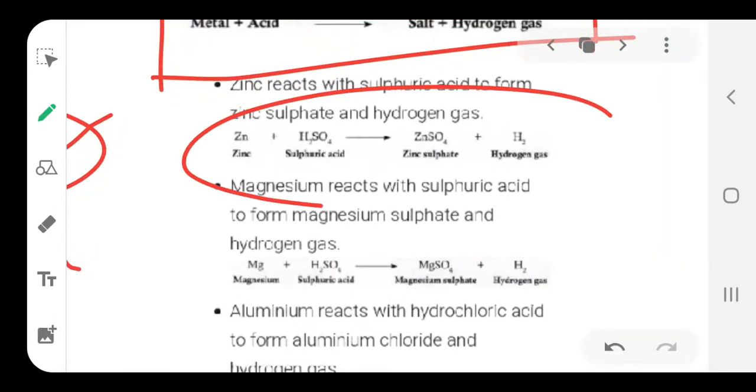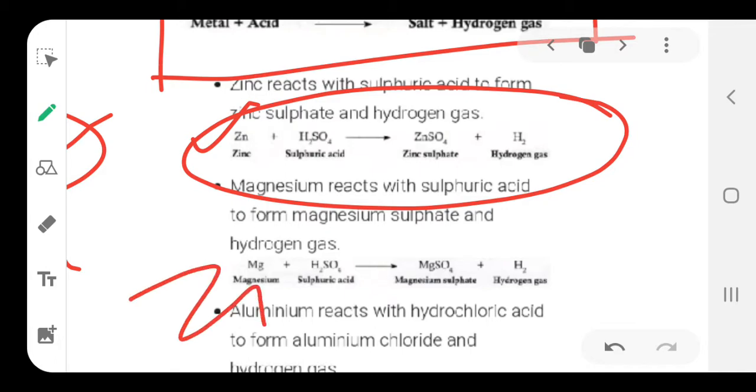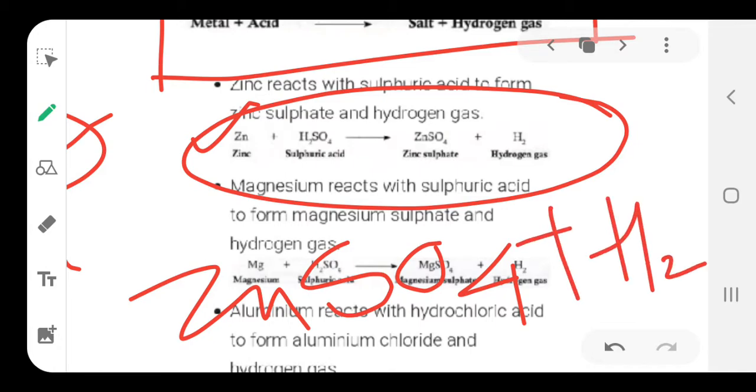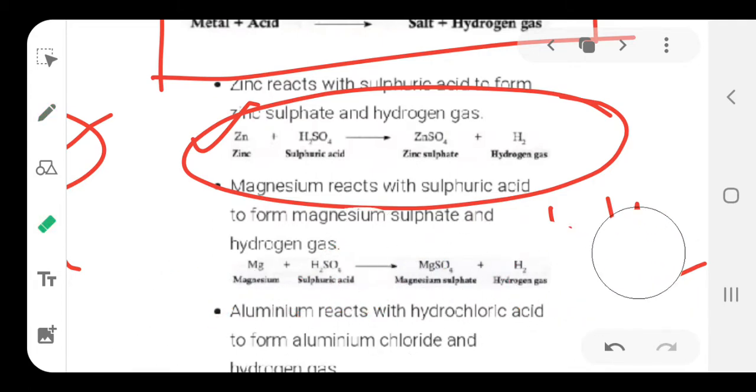Zinc, a metal, combined with sulfuric acid forms zinc sulfate, ZnSO4, and of course hydrogen gas. So whenever a metal combines with acid, it gives you zinc sulfate, which is also called the salt.